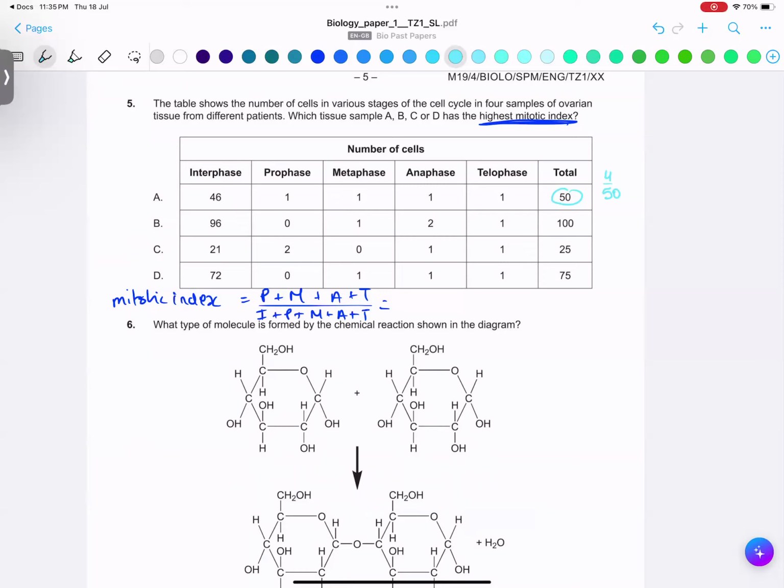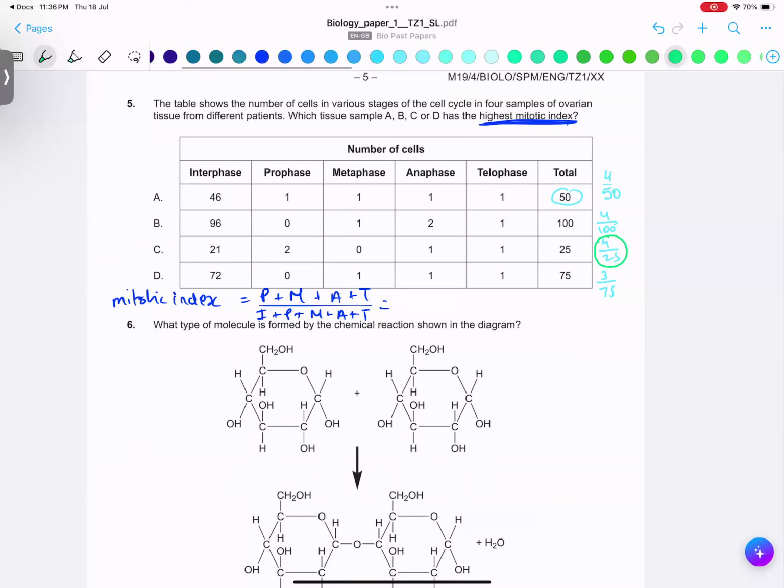You also have 4. So you have 4 over 100. And then here you have 4 over 25. And then here you have 3 over 75. And basically that's it. They made it this simple for you. So we do know that in this case, the largest number out of all of these is in fact 4 over 25, right? So in this case, our answer is C.